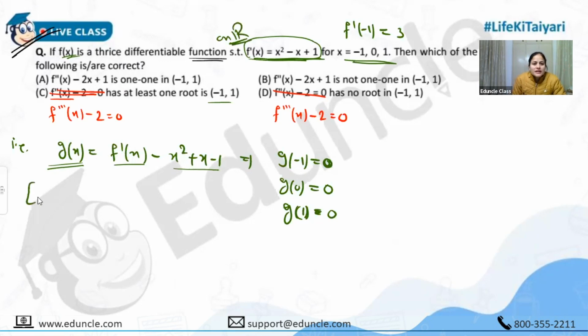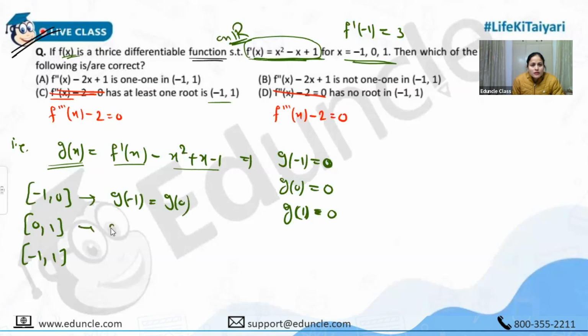So if I take three intervals, -1 to 0, 0 to 1, or maybe -1 to 1, this g function is going to be continuous as well as differentiable on each of the intervals. And also, g at -1 is equal to g at 0, here g at 0 is equal to g at 1, and here also g at -1 is equal to g at 1.